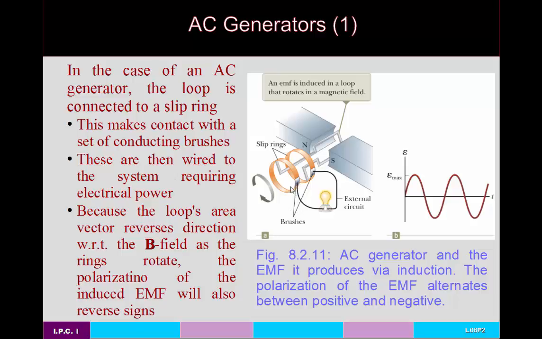You put a slip ring attached to each one of the ends of this coil. So this slip ring basically goes all the way around. It's in electrical contact with the end of just this coil. This one is in contact with the end of just this coil. And then each ring is in contact with what's called a brush. And so that's electrical contact.